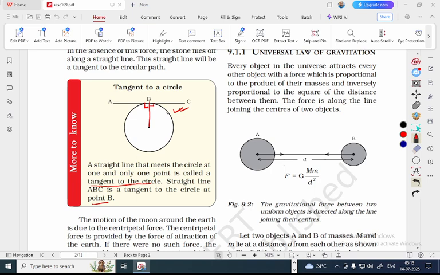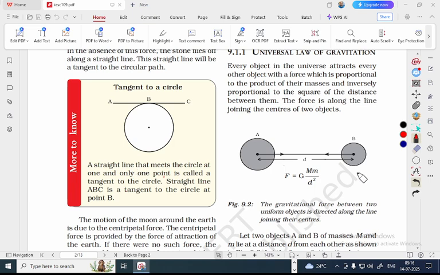The motion of the moon, here, you can see, right?